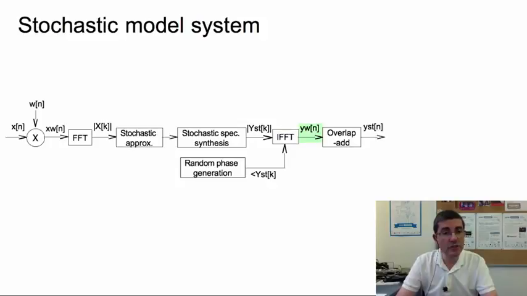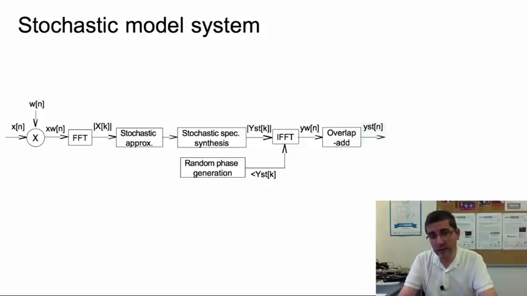Then we can do an overlap add, exactly the same way that we did for sinusoidal modeling. Here also we have to take care of smoothing windows so that the overlap add works correctly. But with this we can reconstruct the original signal.